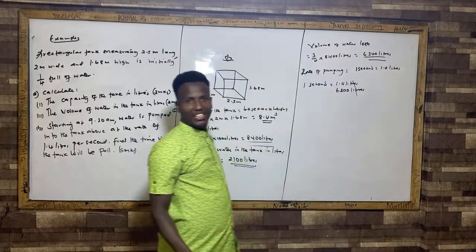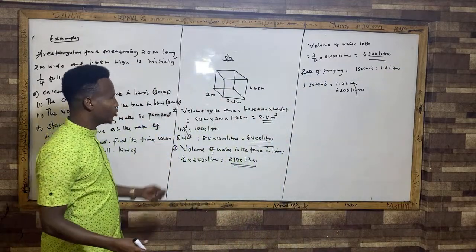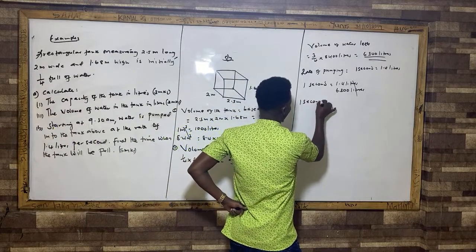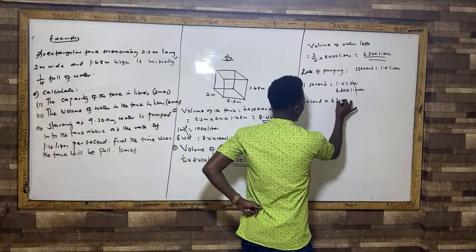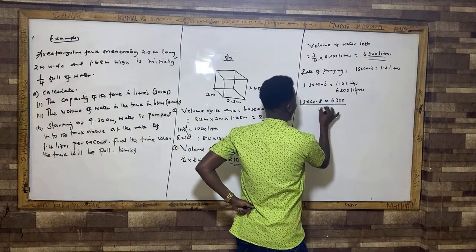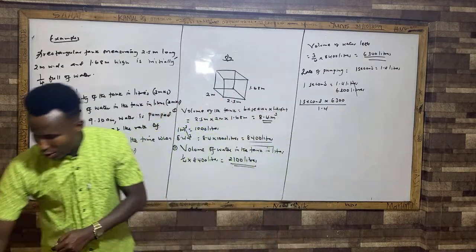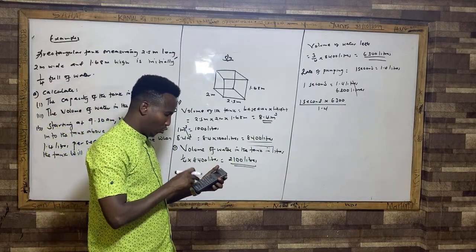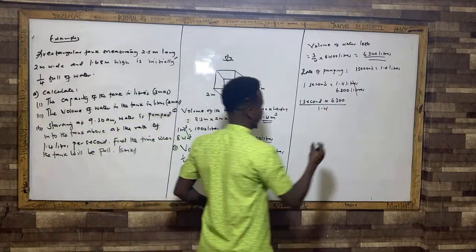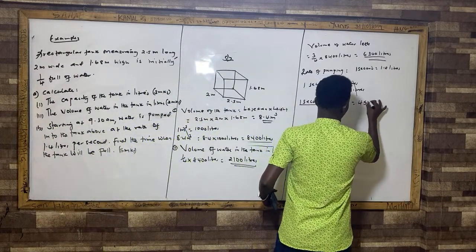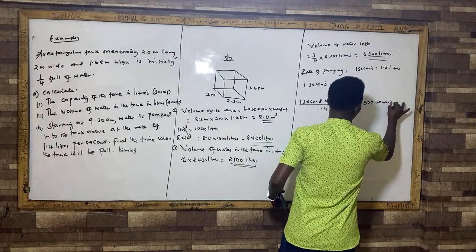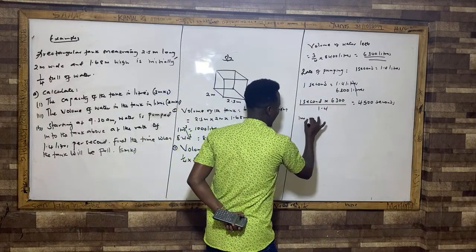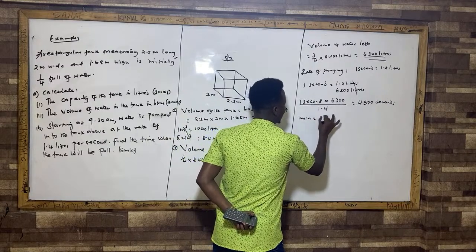So you're going to say 1 second times 6,300 divided by 1.4. Let me get the correct answer. 6,300 divided by 1.4 is 4,500 seconds. Let me convert into minutes. 1 minute is equal to 60 seconds.